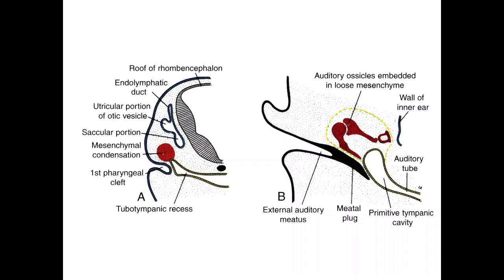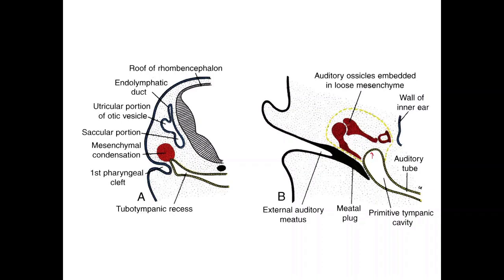But first they are condensated in mesenchyme, and then the tubotympanic cavity will enclose these bones inside the cavity. So this recess is going closer and closer and will go all around these bones, so they will actually be covered with the endoderm.